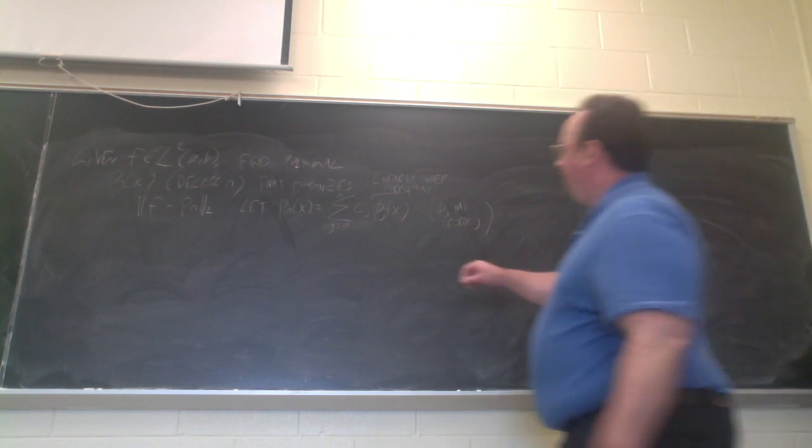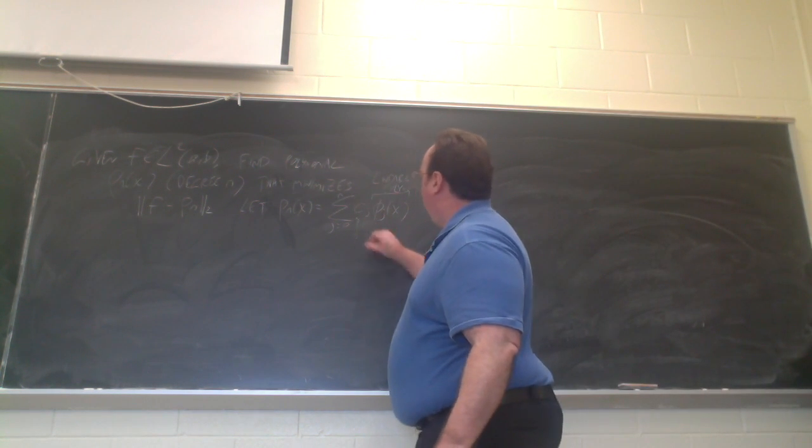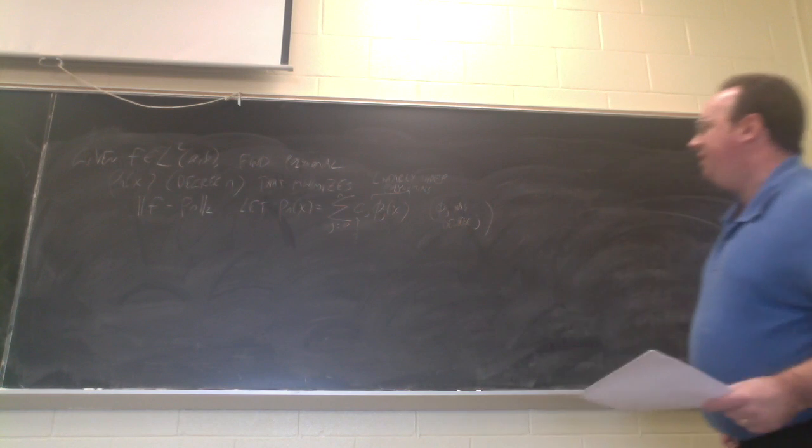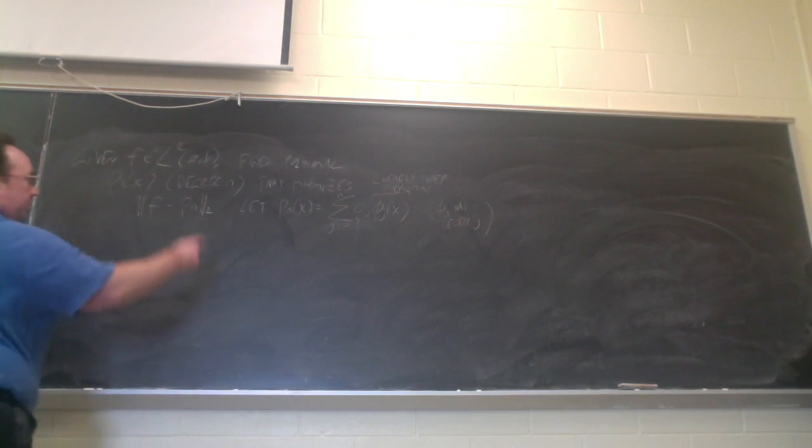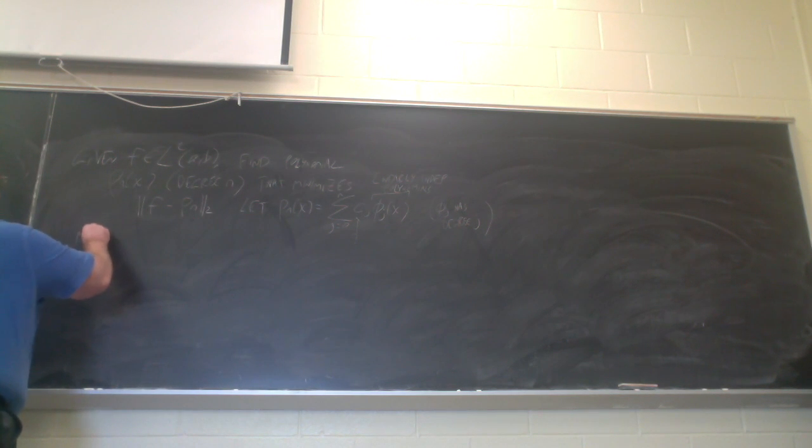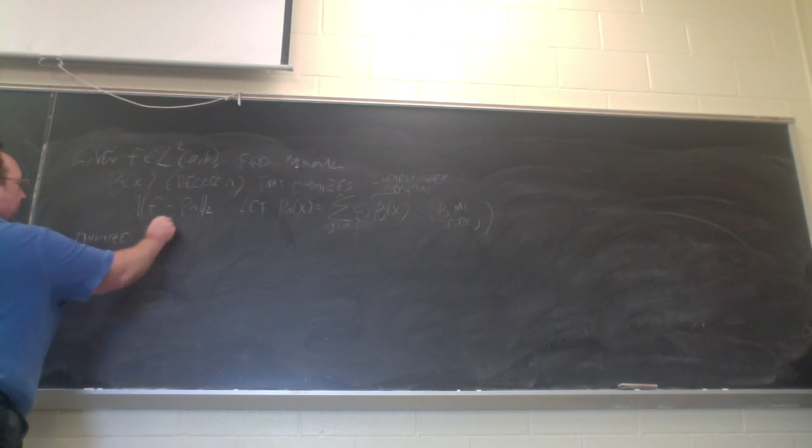Okay, so given that these are the unknowns, how can we find those? So I'm going to substitute this into here. So we want to minimize, and I'm going to have a function that describes my error.